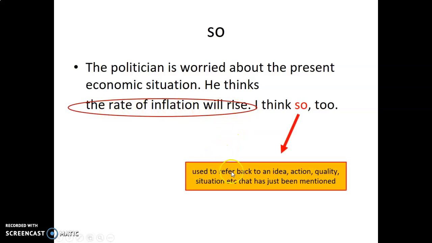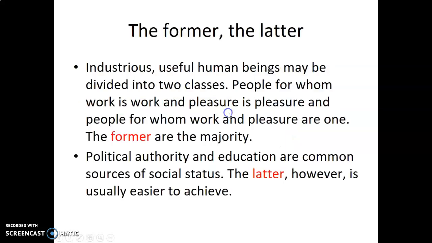It is used to refer back to an idea, action, quality, situation that has just been mentioned. So it means I think this way, I think in the same manner too. And what's that same way, same manner? It is mentioned previously in the text. The rate of inflation will rise. So he thinks the rate of inflation will rise.